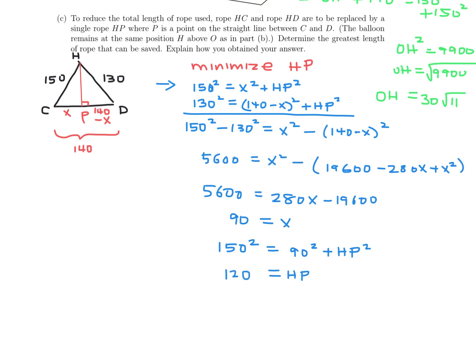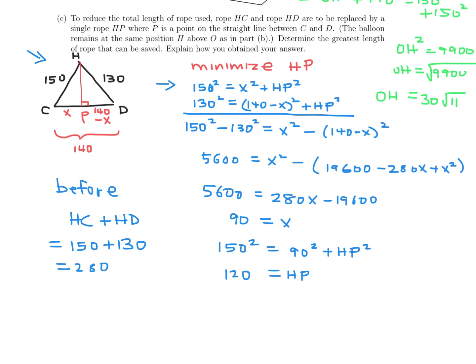So that means that before, our rope was HC and HD. And HC, if I recall, it's right here in our diagram, is 150, and HD is 130. So before we had 280 meters of rope.